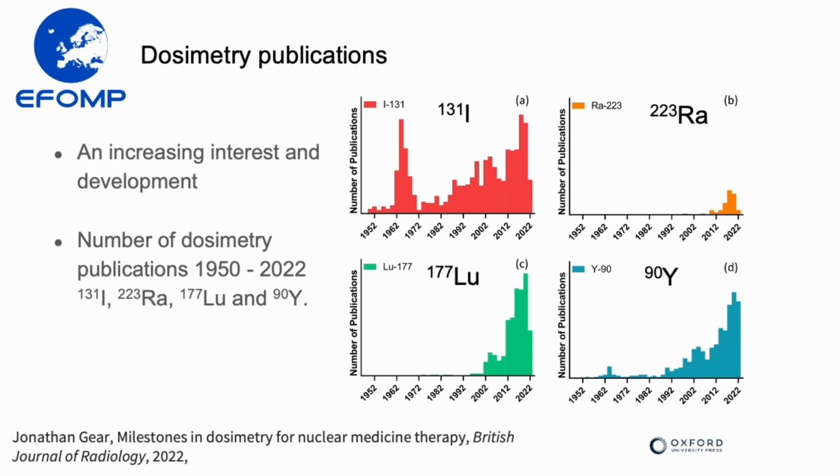So what is the issue? Are there no methods around? Well, yes, this is a meta-analysis of the number of dosimetry publications between 1950 and 2022 on the use of dosimetry and dosimetry methods. And as we see, there is an increase over the years.